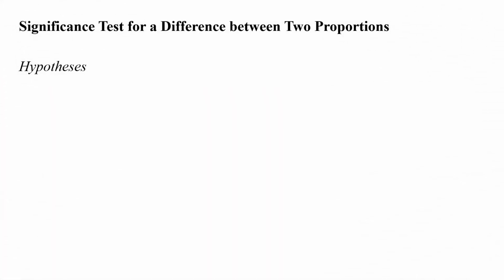To set up our significance test for a difference between two proportions, there are a few things that are different from what we have done before when dealing with only one proportion. A lot of the steps are going to be the same. We're just going to do a few things differently. One of the things we're going to do differently is the hypotheses that we set up.